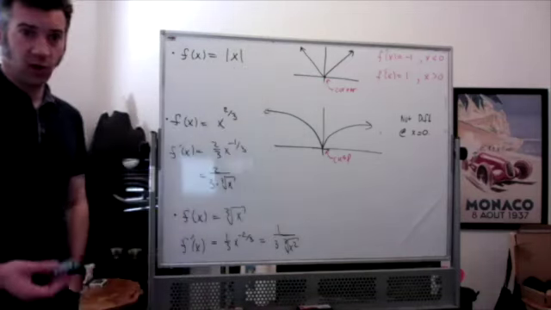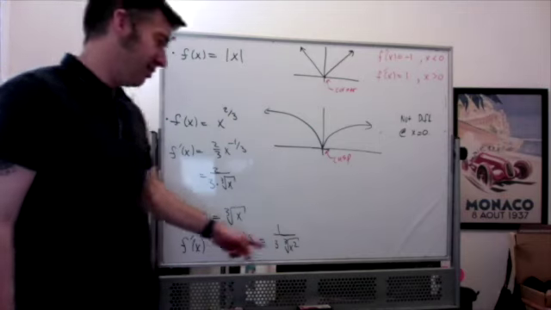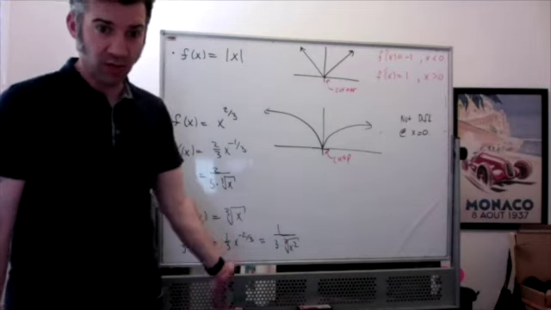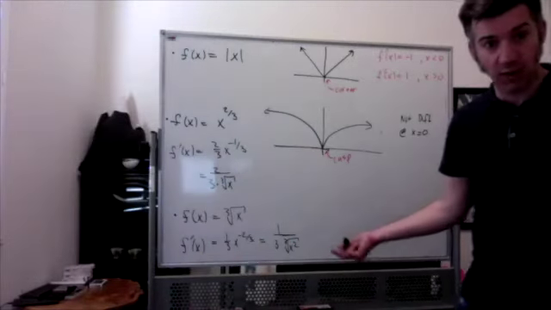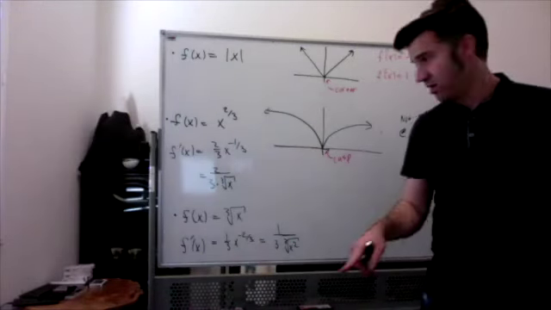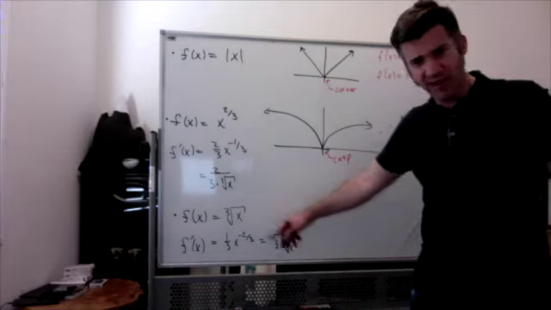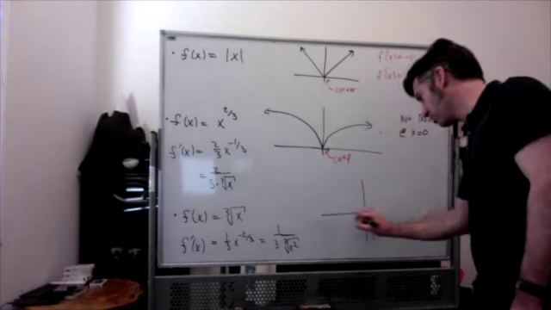And hopefully you will all agree with me again that if I plug in 0, I'm going to get division by 0, which means my derivative is undefined. So definitely not differentiable at 0, but we know what this function looks like. It's the cube root of x. Totally defined everywhere.